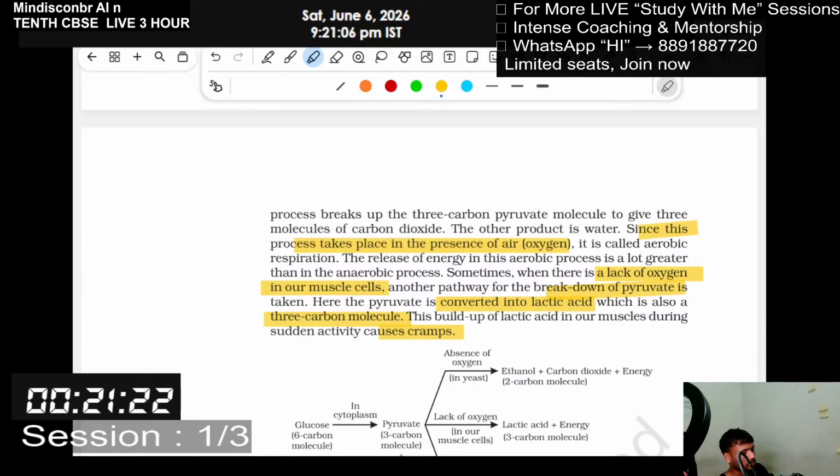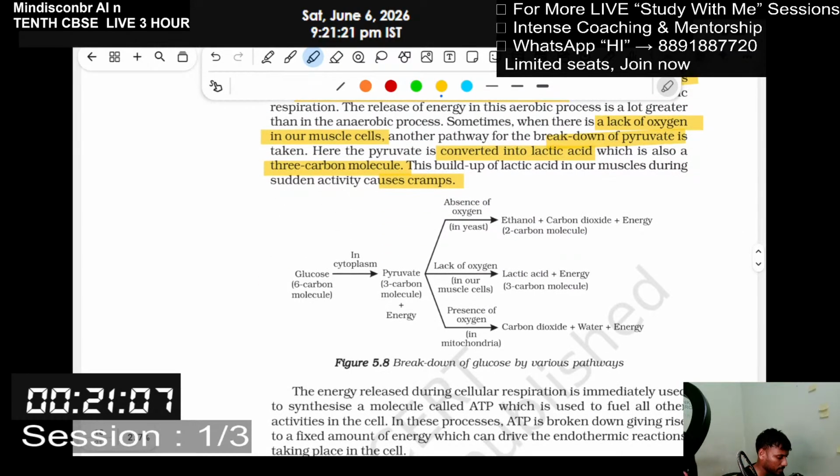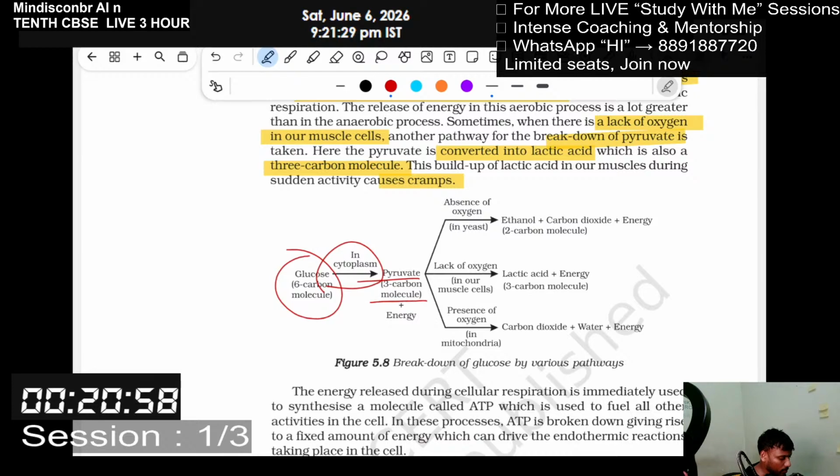So basically in this respiration section we are talking about 3 main types: the first is aerobic respiration, the second is anaerobic respiration, and the third is lactic acid respiration. Here you can see that glucose, a 6 carbon compound, in cytoplasm is converted to a 3 carbon pyruvate molecule plus energy, and after this further mechanisms occur.